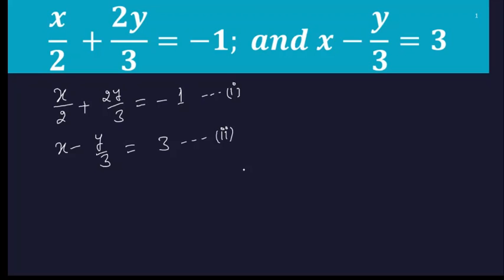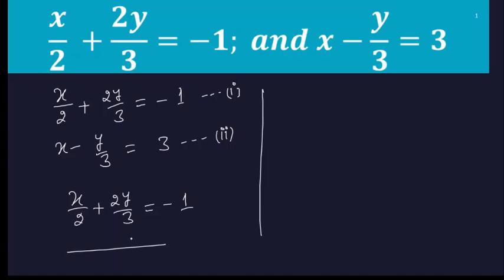To solve these equations, try to remove their denominators. That means rational coefficients must be changed to integers. So I'm changing the first equation x upon 2 plus 2y upon 3 is equal to minus 1. The LCM of 2 and 3 will be 6.